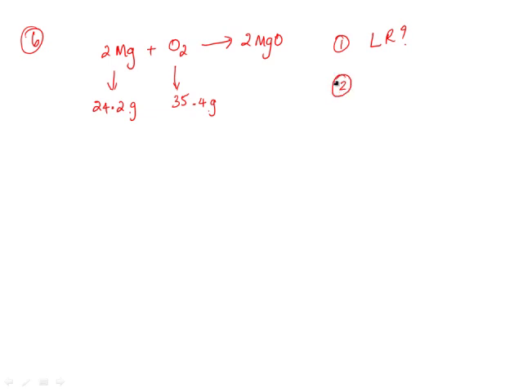Second part is, how many grams of MgO will form. Well, in your exam, there was a part 3 also to calculate the percent yield, which is easy, because I will give you the actual yield. But these are the 2 points where you have to focus on. This is the tough part.